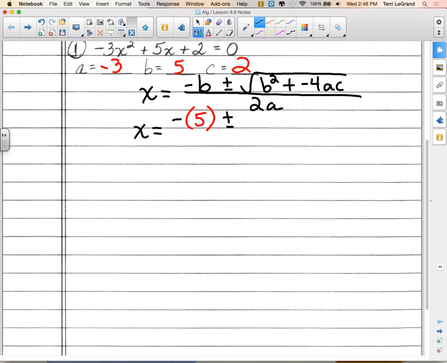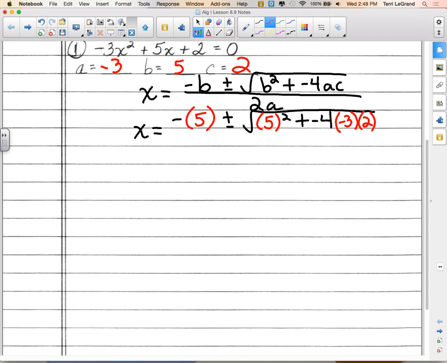Then underneath the radical sign, we substitute in parentheses 5, and we're going to square that. Then we have plus our negative 4 times a, in this case our a is negative 3, times c, which in this case is positive 2.